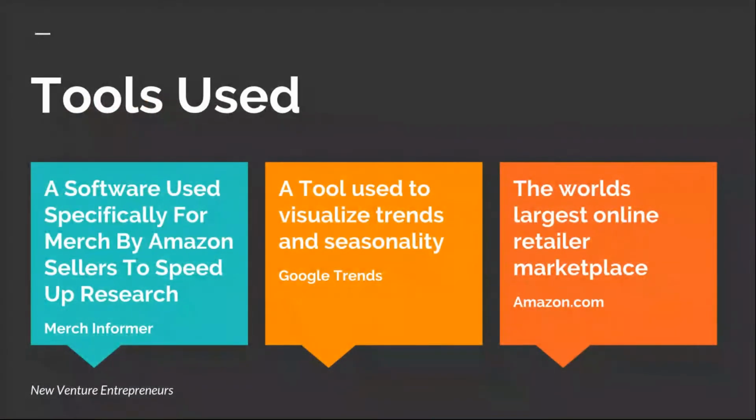Now we're nearing the end of the video, and I just want to go over some of the tools that I use a lot, with number one being Merch Informer. Merch Informer is a software used specifically for Merch by Amazon sellers, and it helps speed up the research process. A lot of people use this. If you haven't heard of it, I'll leave a link in the description below for you to check it out.